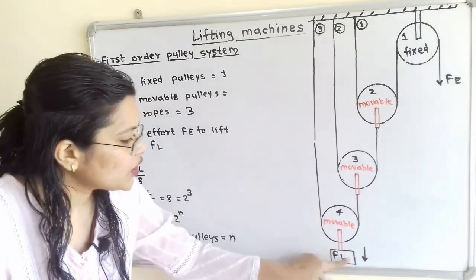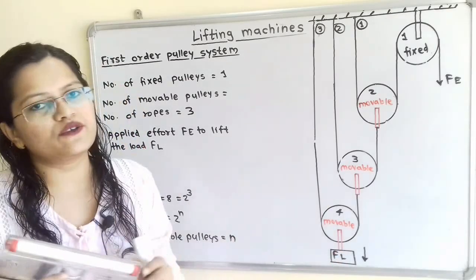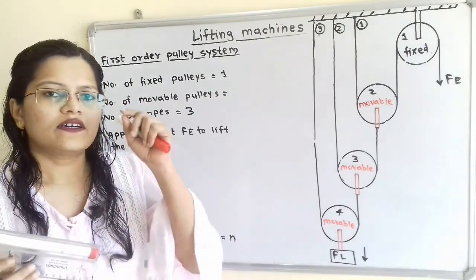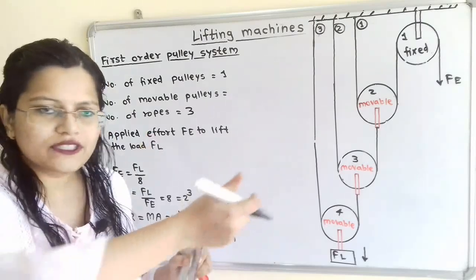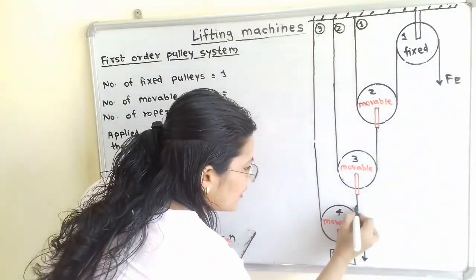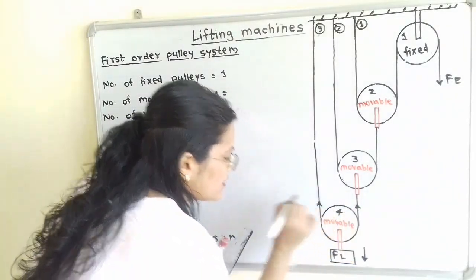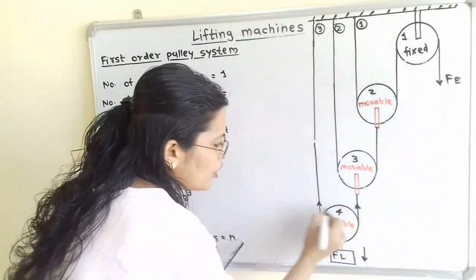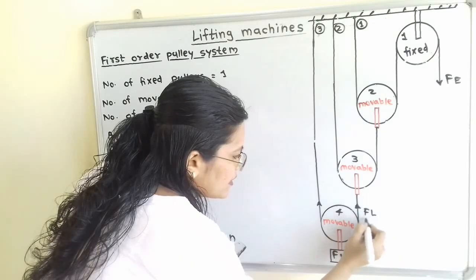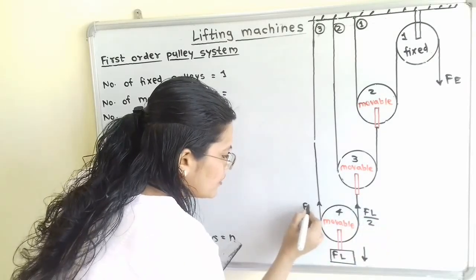So this total load Fl will be divided into 2 parts, that is Fl by 2. So the tension is created in the opposite direction, that is in the upward direction in the rope, and this tension is equal to Fl by 2 on both sides. So I will write here Fl by 2 and here also Fl by 2.